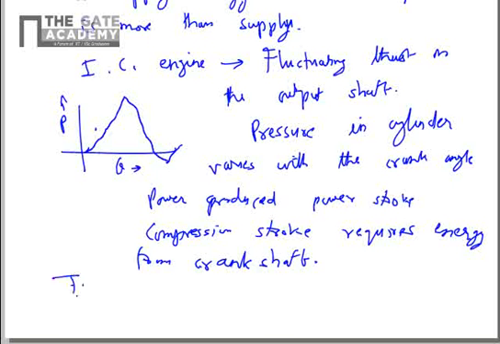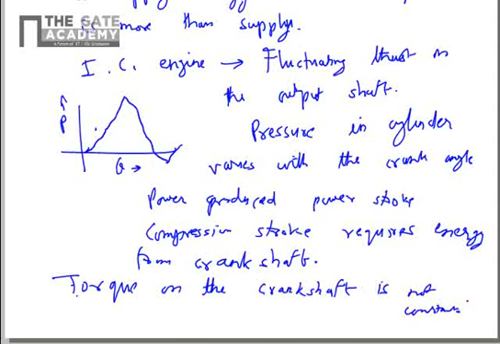So that is why the torque on the crankshaft is not constant. It keeps varying with the crank angle, that is time. Therefore, you have a fluctuation of input power. So during the power stroke, you get energy, and during the compression stroke, you supply the energy.